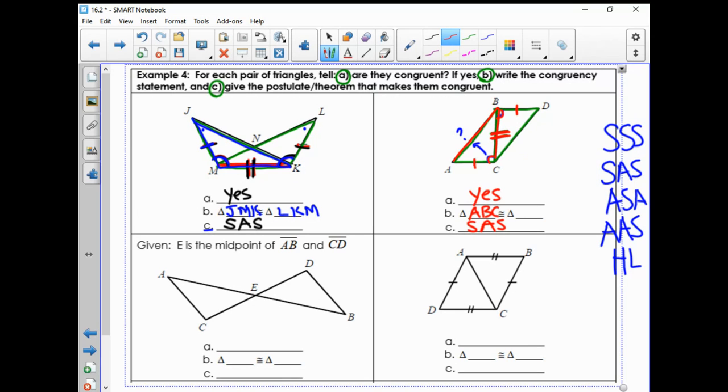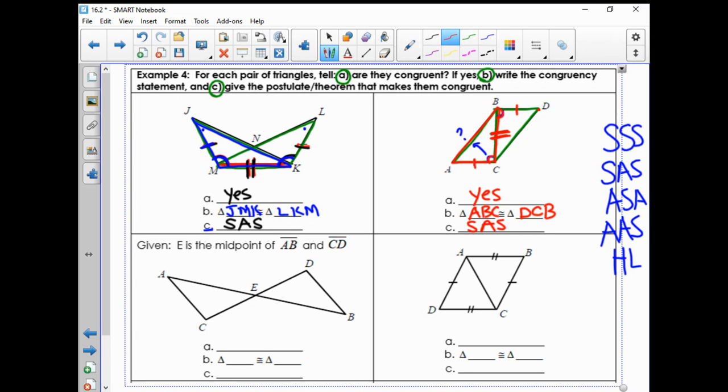A is the one that's touching the 1 tick, so that's going to be our D over here. Then B. B is not the right angle, so we're going to go down here to C, and then back to B. So just turn those triangles so that they look the same, and then you can write it.